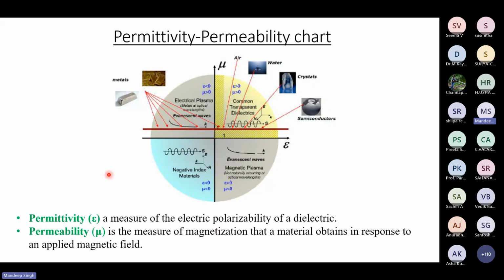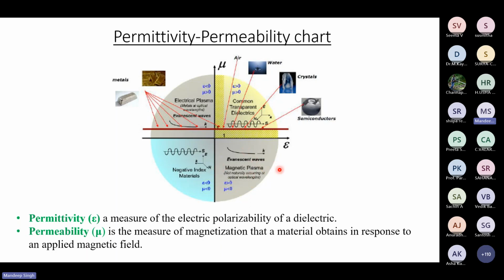Next, if we move towards the third quadrant, that is the negative index material, or artificial materials, that is metamaterials, both permittivity and permeability are negative here. In the fourth quadrant, permittivity is positive and permeability is negative, so you will get some magnetic plasma.